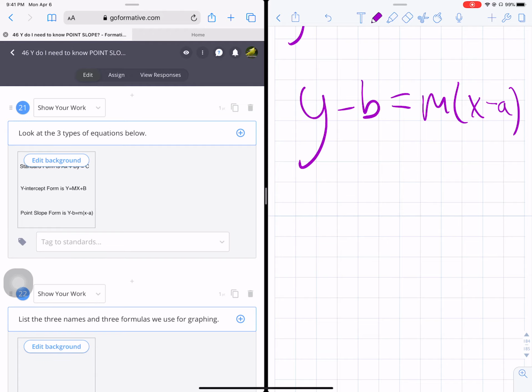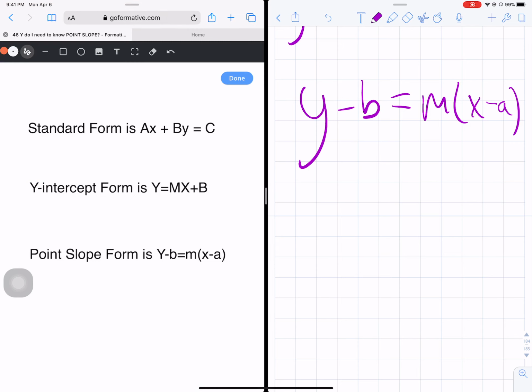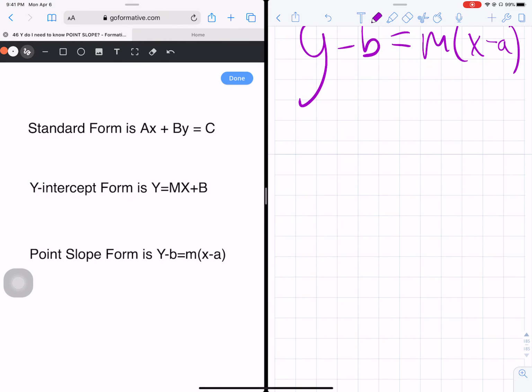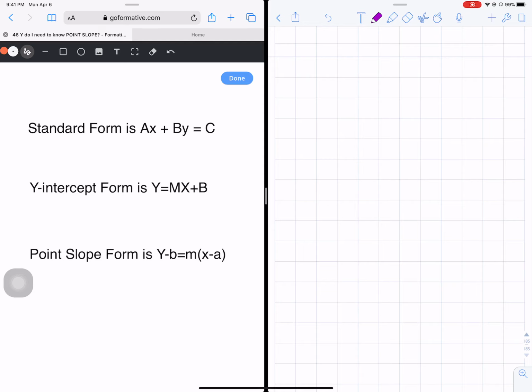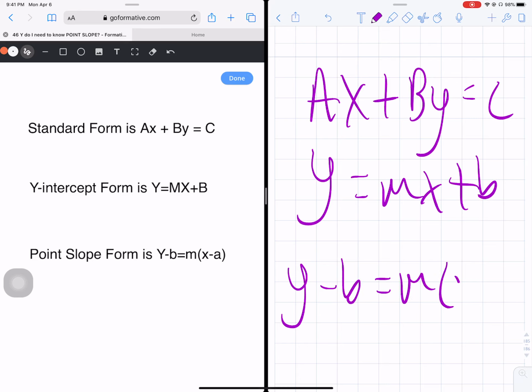Look at the three types of equations below. Let's look. Standard form, y-intercept form, point slope form. Ax plus by equals c, y equals mx plus b, and everyone's favorite.